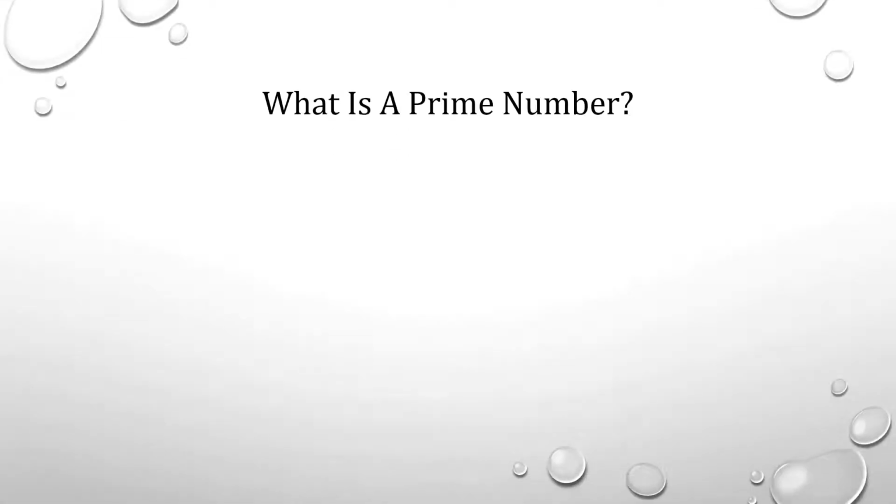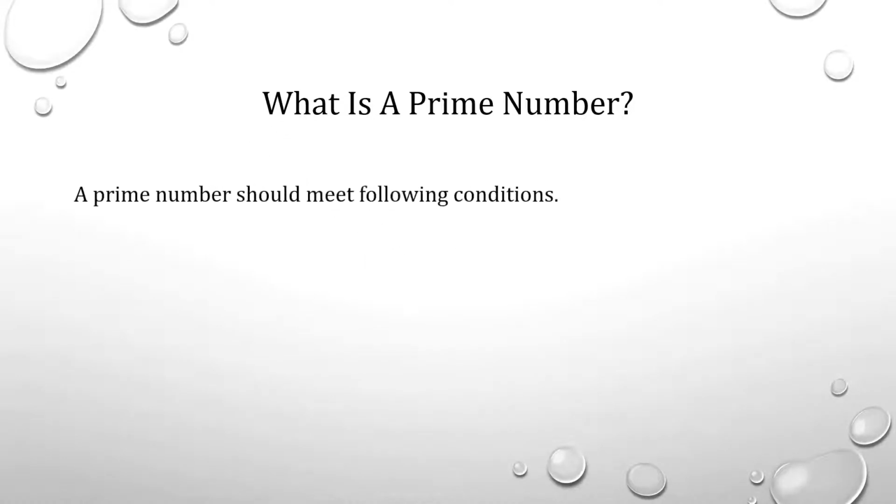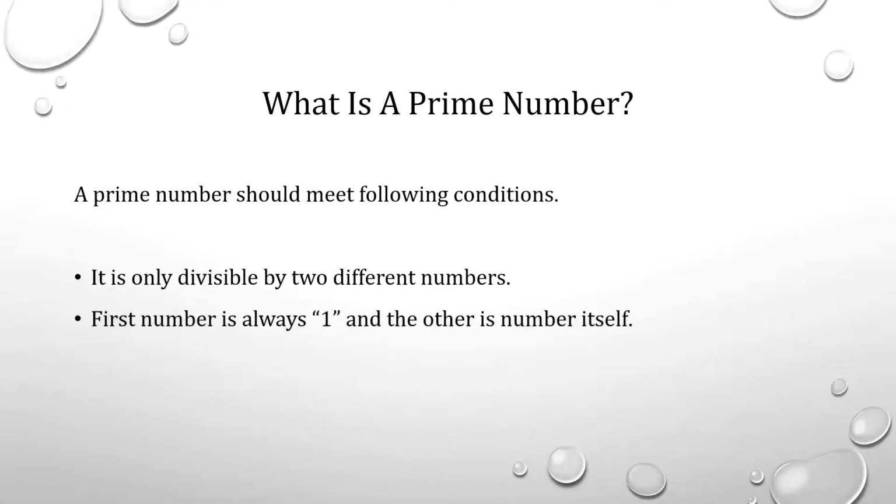Before we go any further, we need to understand what a prime number is. So let's have a look at the definition, or the condition which makes a prime number a prime number. It should be divisible only by two different numbers. Make a note of it: it has to be two different numbers. The first is 1, and the other is that number itself.